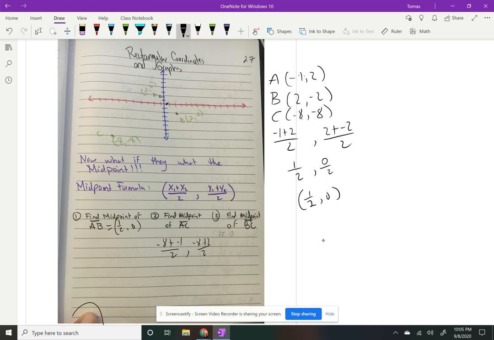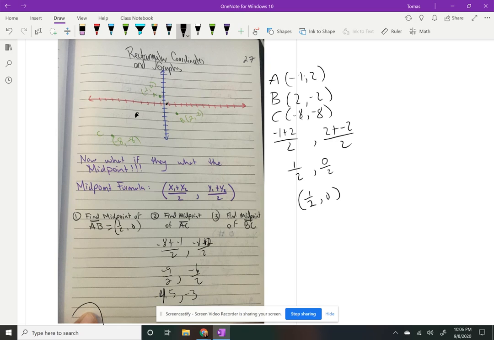This becomes -9 over 2. This becomes -6 over 2. -8 plus 2, that's a -6, guys. And then this reduces to -3. This reduces to -4.5. Okay, which would fall roughly 1, 2, 3, 4, and 3, roughly around there. Kind of looks like the midpoint, más o menos.